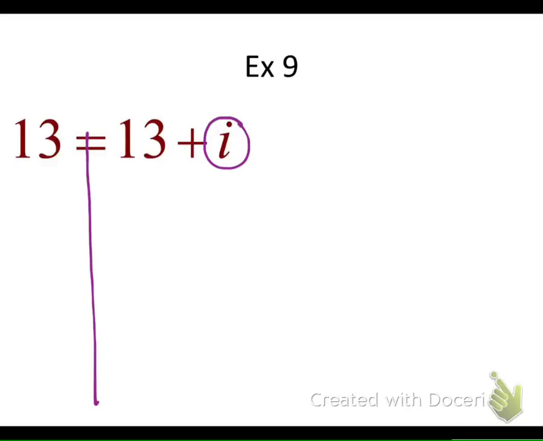So I'm going to get rid of the 13 that's connected with the variable. Remember, there's no sign in front of it, so he knows that it's a positive, or a plus. So in order to get rid of the plus 13, he told me to subtract 13. And keep going. Put that on the other side.